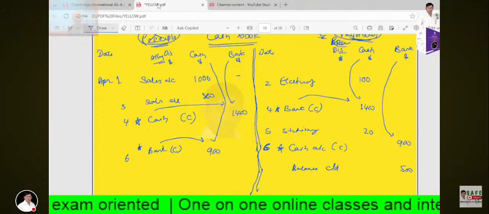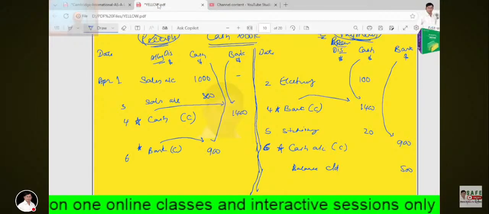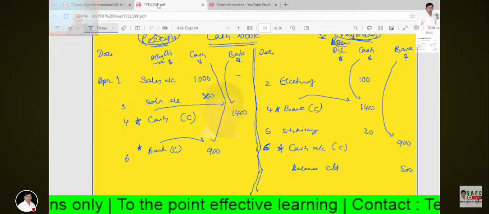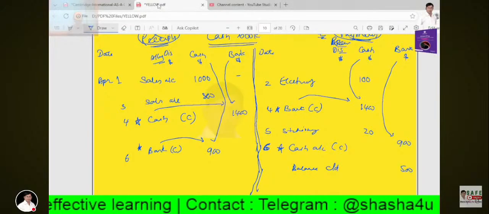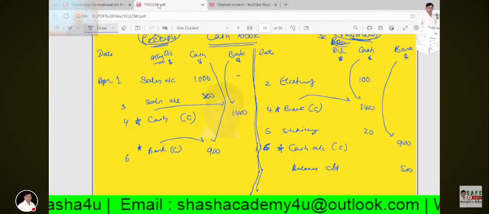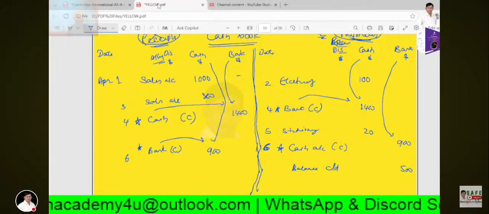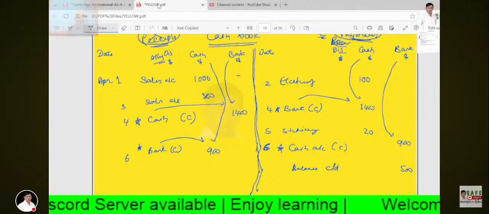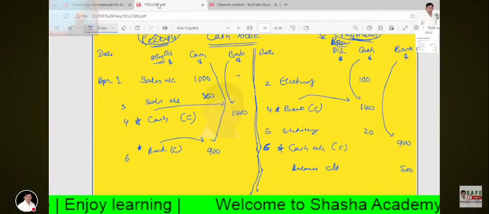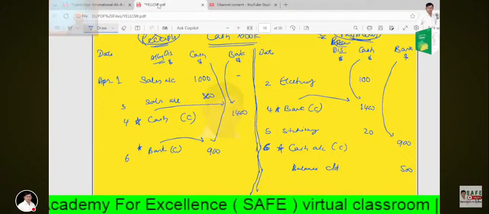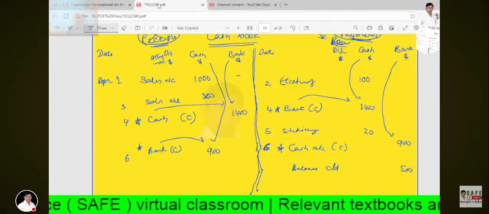Here 1800, 1800 plus 900. So 19 plus 8, 27. 2700 minus 1500.